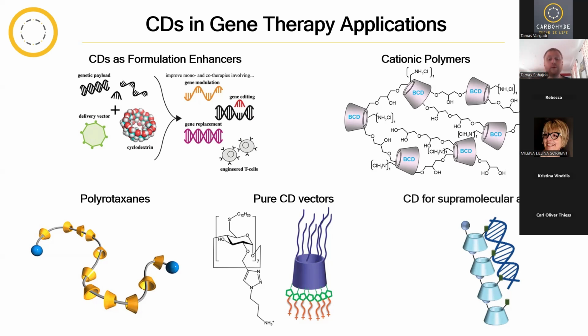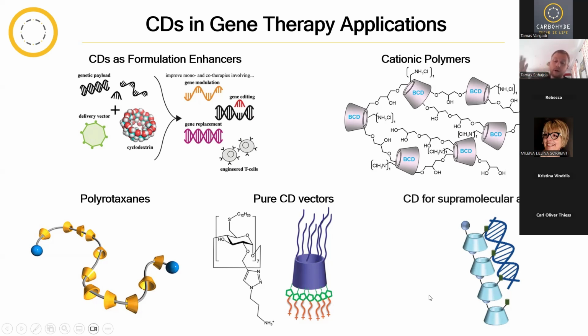Of course, with different properties, but conceptually, you get a nanoparticle, and in the inner cavity of the nanoparticle, you can encapsulate the gene. And this is the other one that I'll show a few more examples about, because this is the concept we are actively working on in a European international consortium called GeneGut.